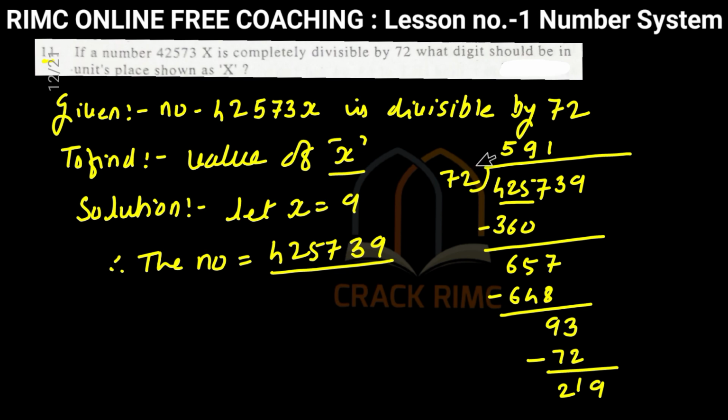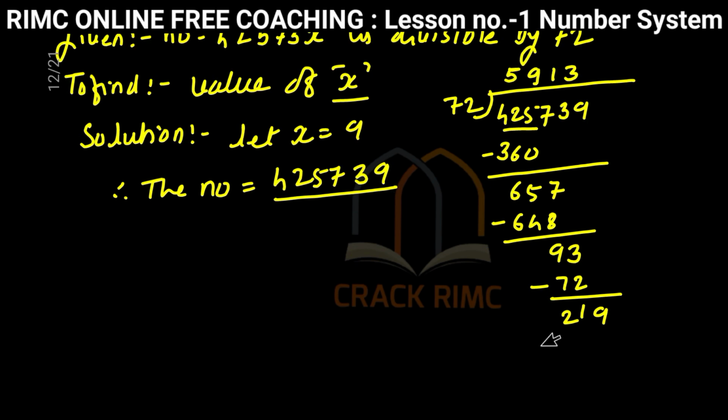To divide 219, I will multiply 72 by 3. So 72 threes are 216. I will subtract this. 9 minus 6, 3. So the remainder is 3. Right.